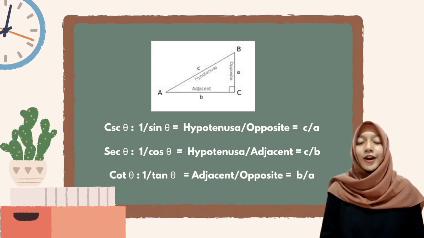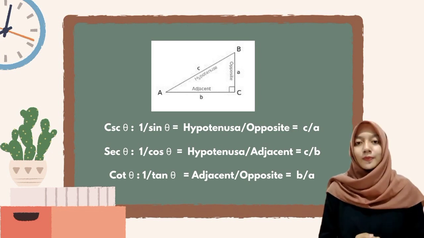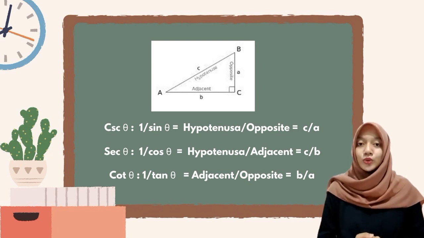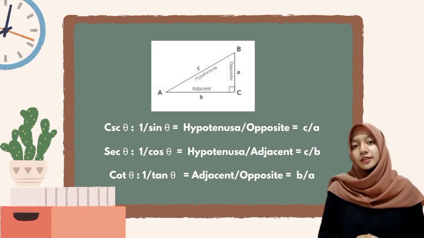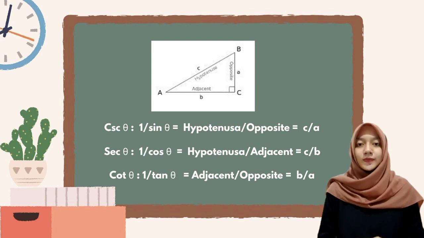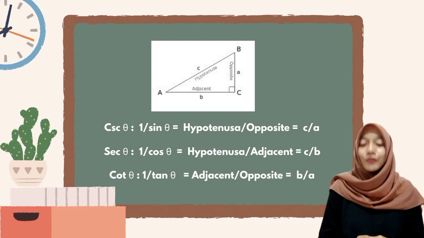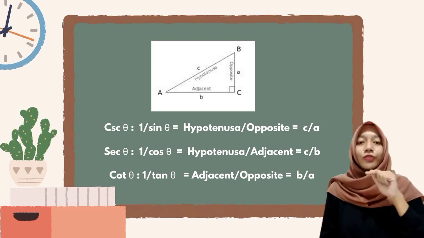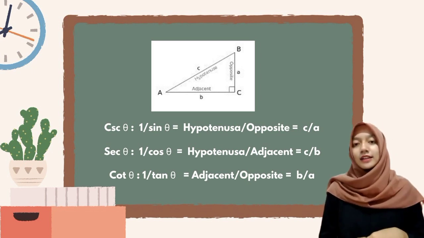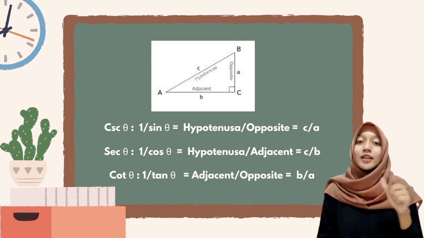Sec theta has the formula 1 divided by cos theta equals hypotenuse divided by adjacent equals C divided by B. And the last is cot theta. Cot theta has the formula 1 divided by tan theta equals adjacent divided by opposite equals B divided by A.